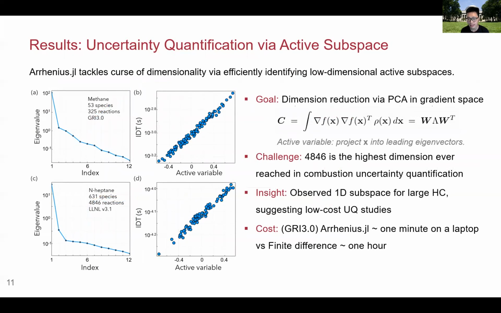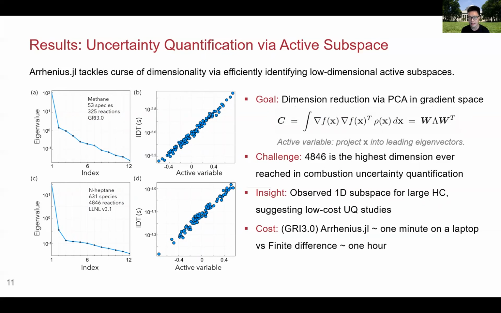So the second application is to do uncertainty quantification using the active subspace method. The motivation is that uncertainty quantification is usually very challenging for complex models, because we have too many uncertain parameters. And there is a promising approach called active subspace.